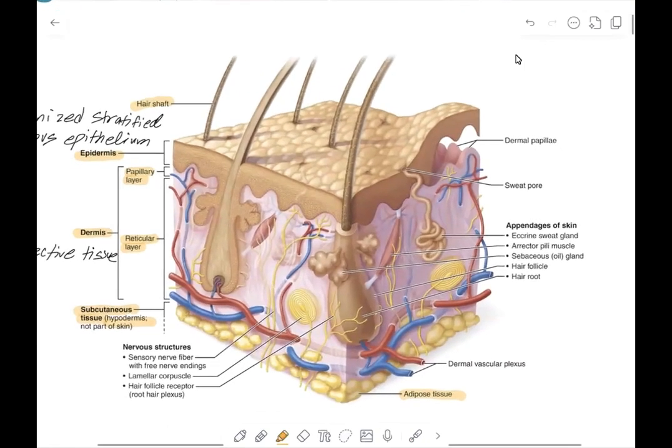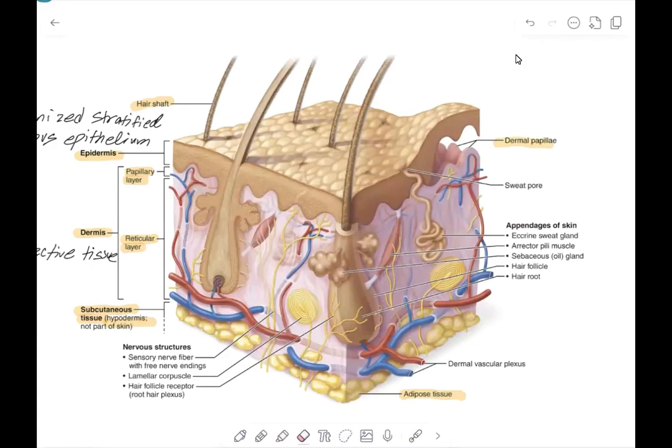On the right-hand side of this diagram, we see these ridges called dermal papillae, and they're peg-like projections at the most superficial region of the papillary layer. They're very important because they form the junction between the dermis and the epidermis.